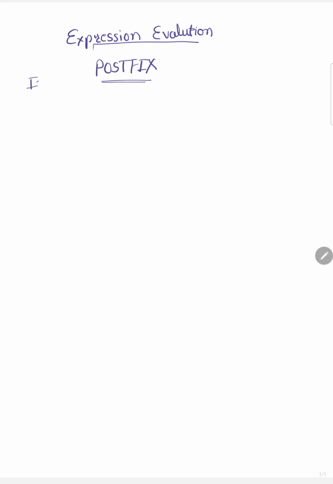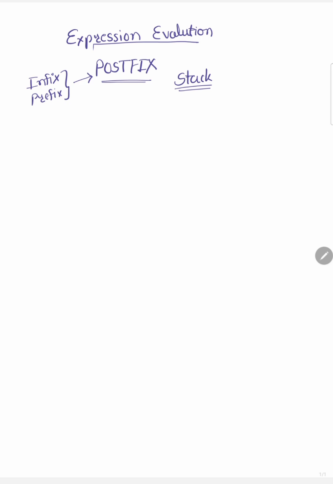If it is in infix form or prefix form, we are going to convert it into postfix form. After converting into postfix form, using a stack, we can evaluate that particular expression.